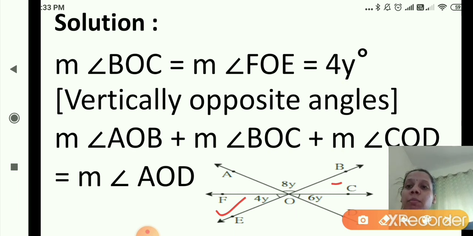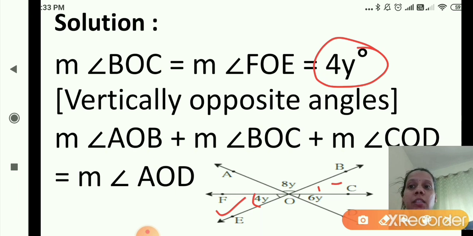So measure of angle BOC is equal to measure of angle FOE is equal to 4y. Now why have I written here 4y? Because in the question this measure is given 4y, correct. So this is also 4y, because they are vertically opposite, so their measure should be equal. That's why measure of angle BOC is equal to measure of angle FOE is equal to 4y degree, right.